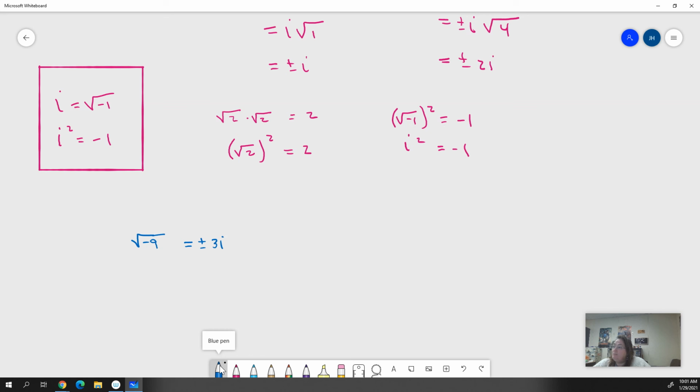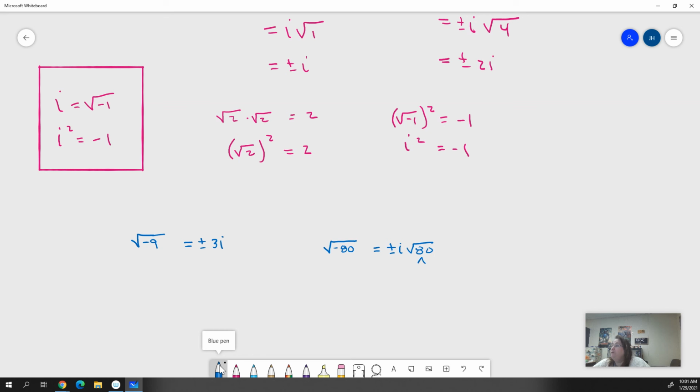And they won't always be that easy, because remember earlier this week we had to break things down. So if I had the square root of -80, I would have to look at this as plus or minus i times the square root of 80, and then figure out this 80.